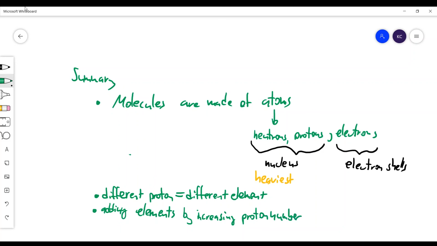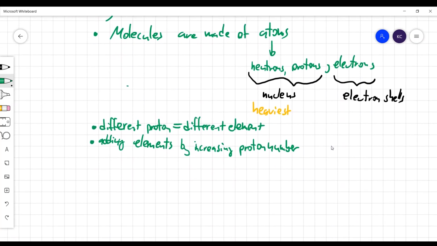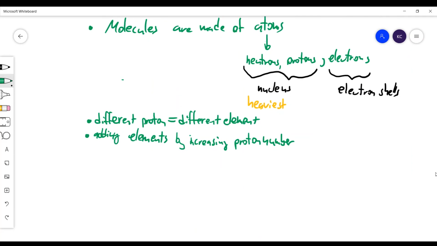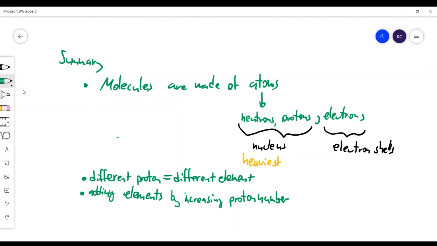We have also learned that the atomic weight in the periodic table is basically the average of all isotopes of that element.